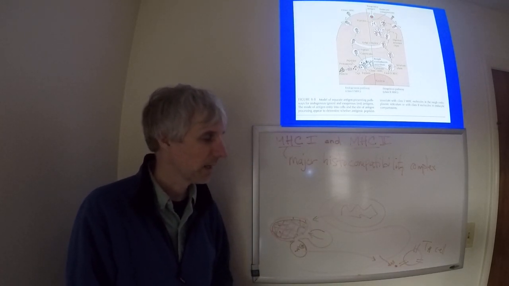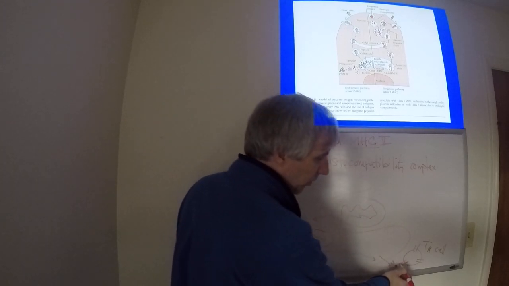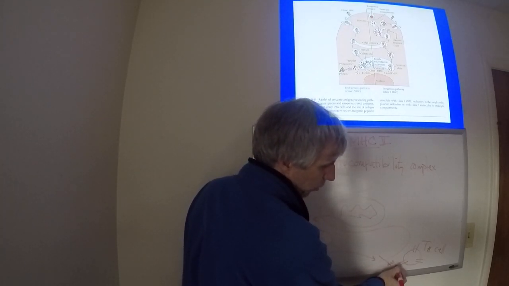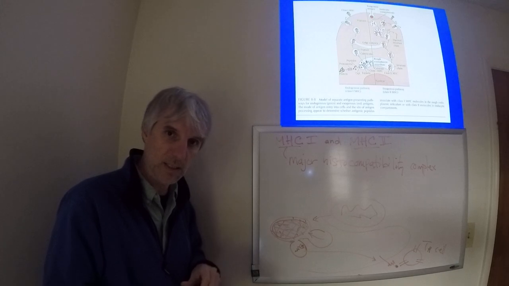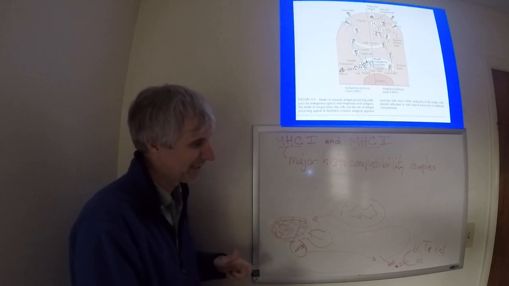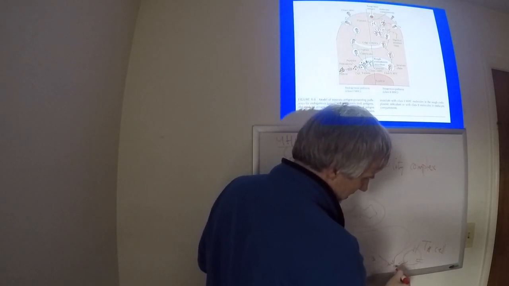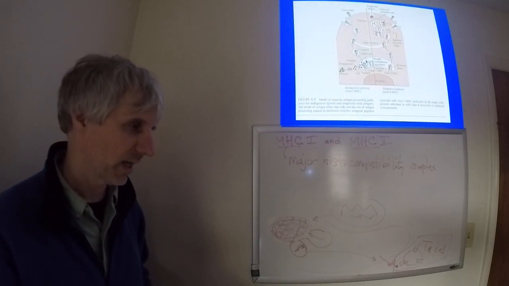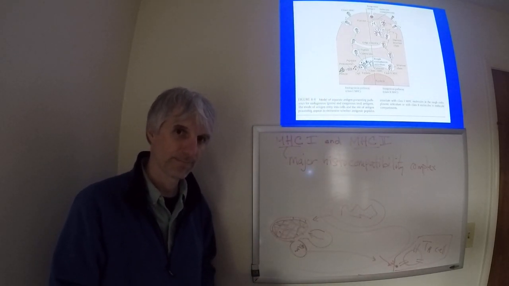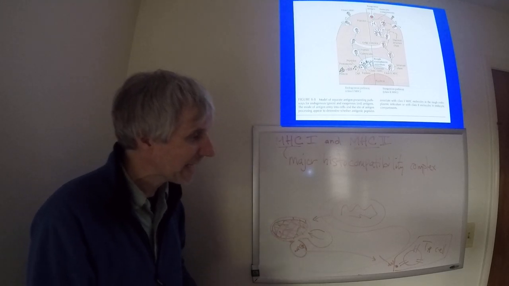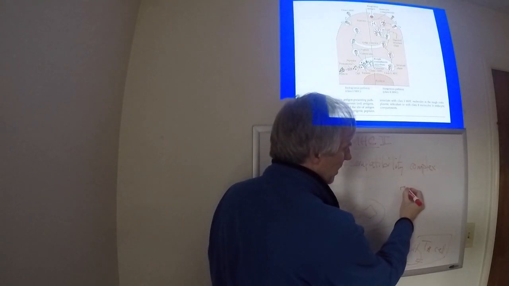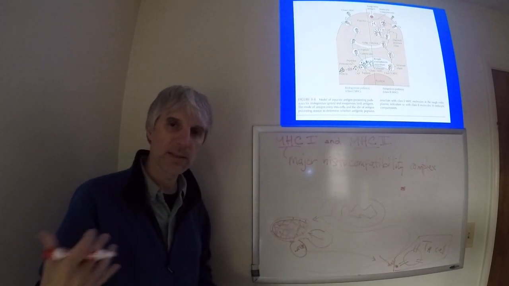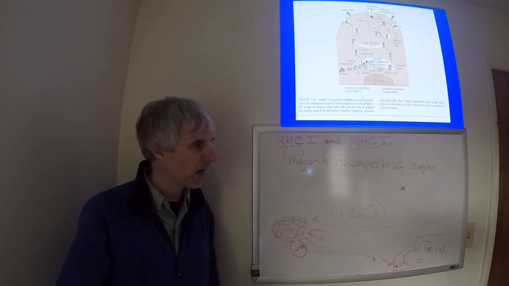Okay? Now, again, if the T helper cell recognizes this, it will start a different process. Okay? Now, any peptide can be checked by the T cells, either a cytotoxic or a T helper cell.